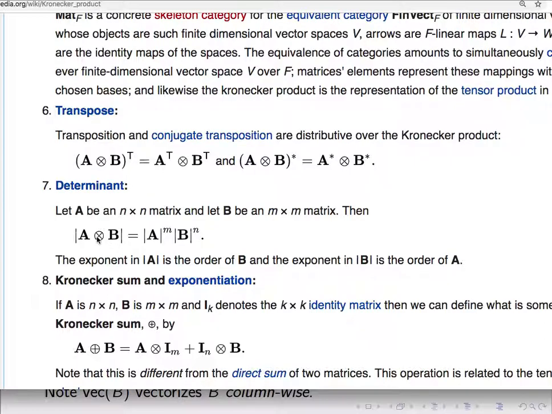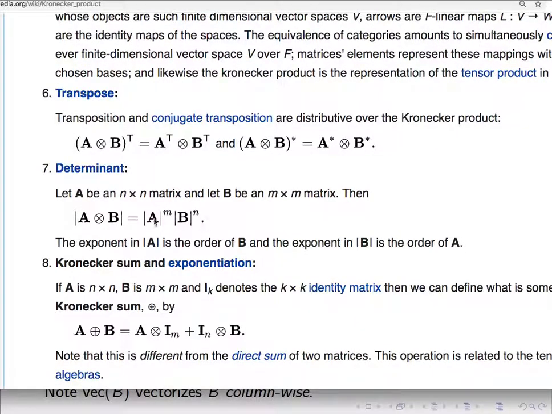Another thing is about the determinant. The determinant of the Kronecker product of A and B will be equal to the determinant of A to the power of M times the determinant of B to the power of N. This formula makes the calculations much easier.